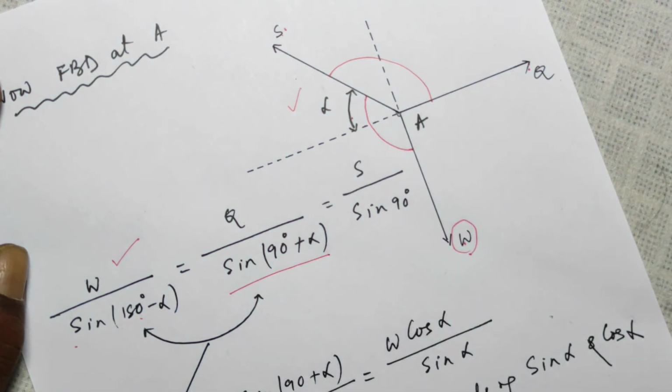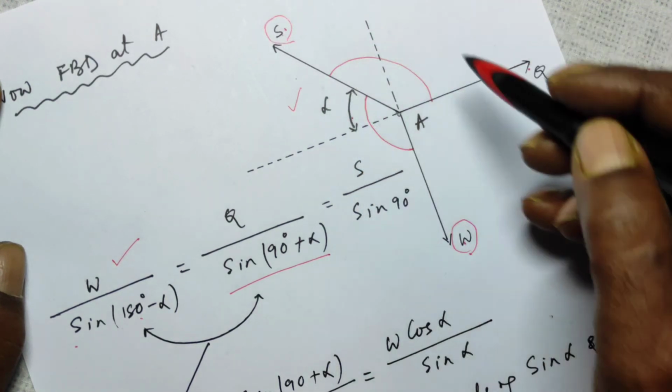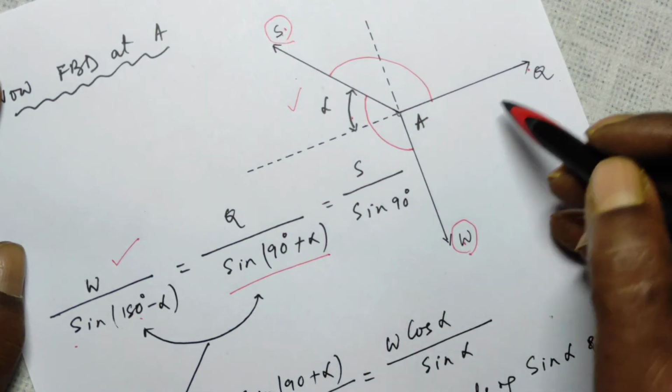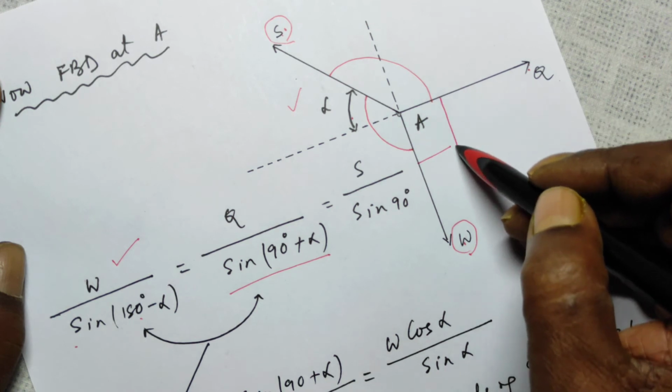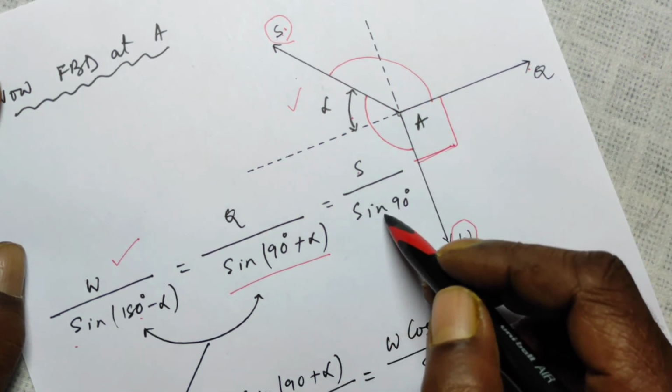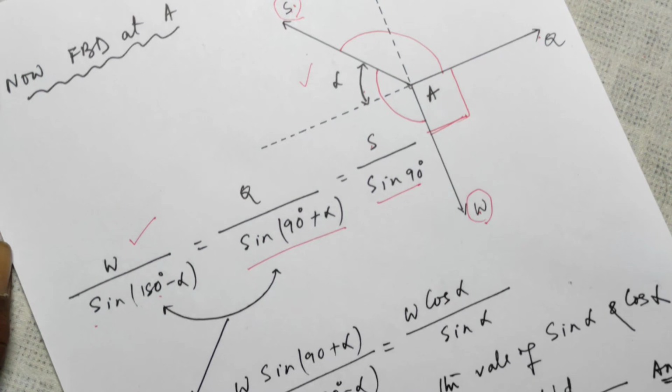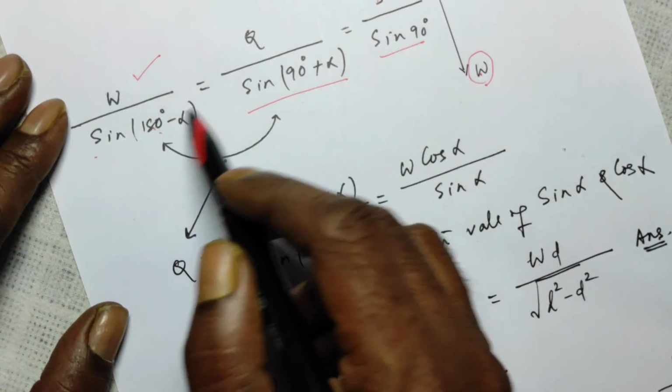So Q over sine of 90 plus alpha is equal to S over sine of the angle between W and Q, which is 90. So S over sine 90.